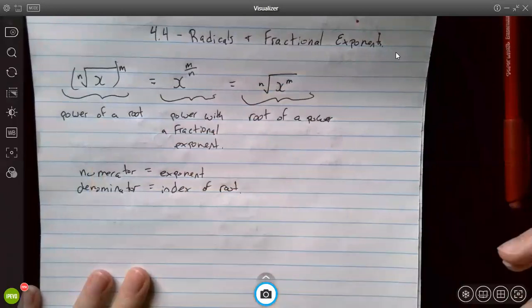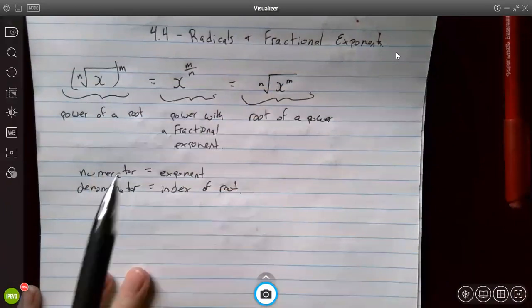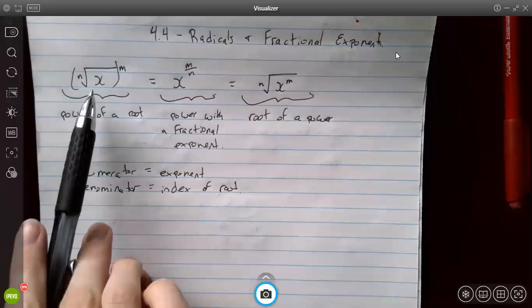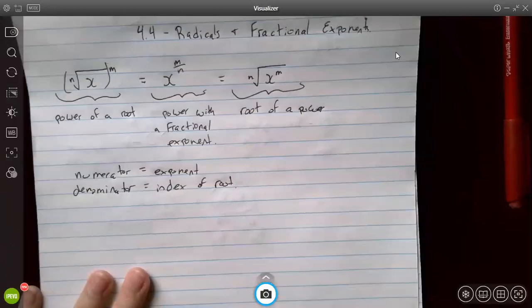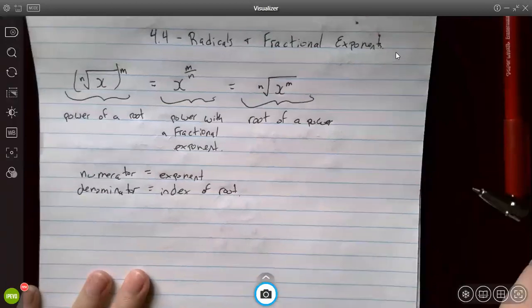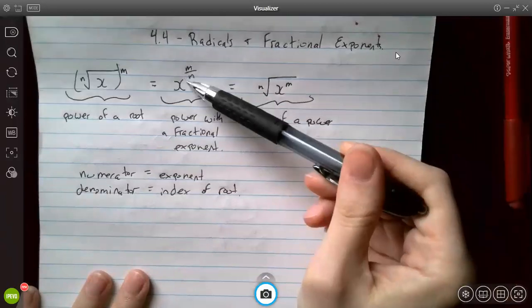So if you're asked to convert your fractional exponent into a radical, you can convert it into either the power of a root or the root of a power. Okay, those are both equally correct. When you're doing that conversion, you start off with your fraction, that is your exponent.